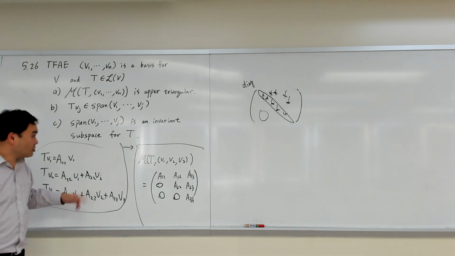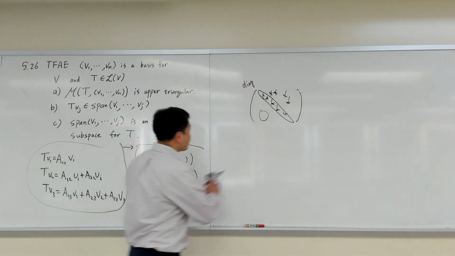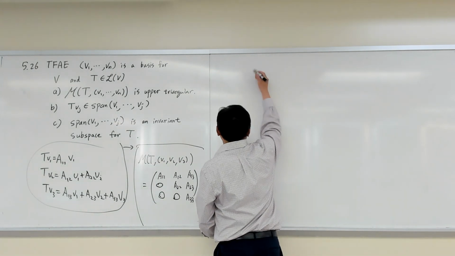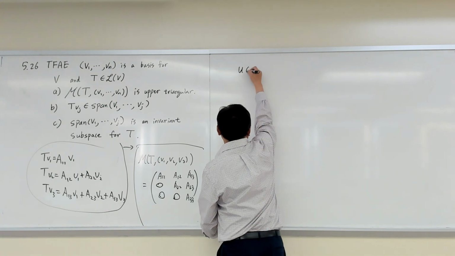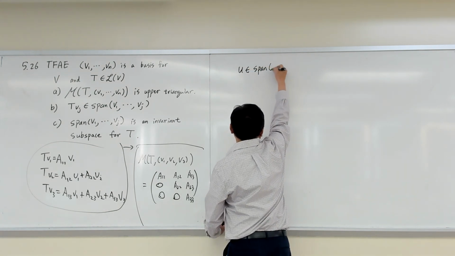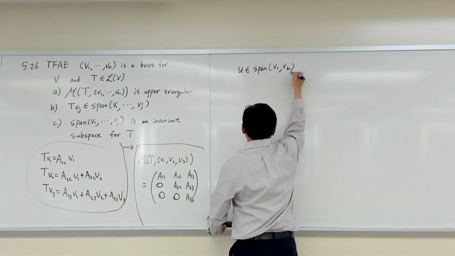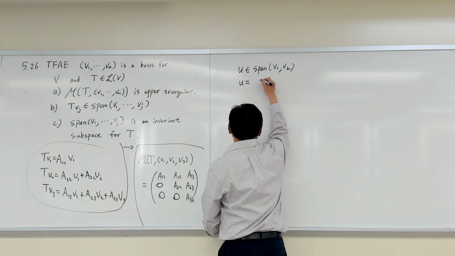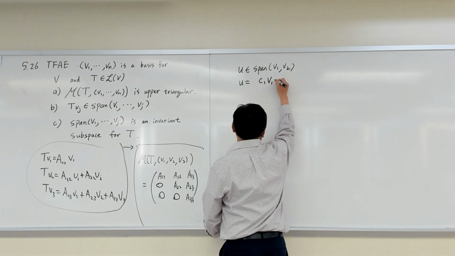So, if this is true, let's take any vector in the span of v1, v2, which means u is equal to c1 v1 plus c2 v2.